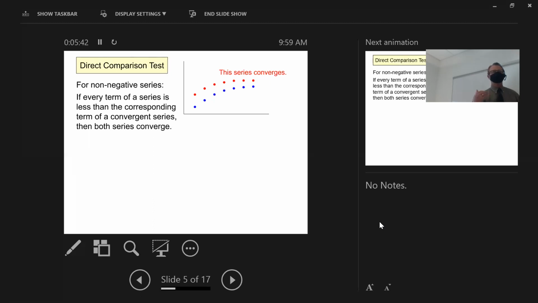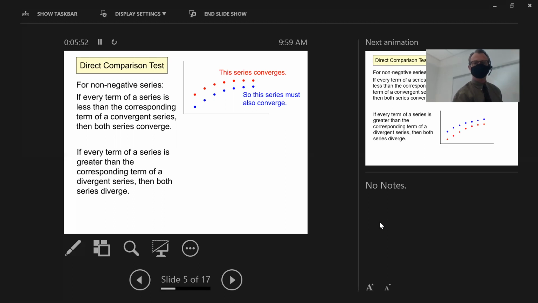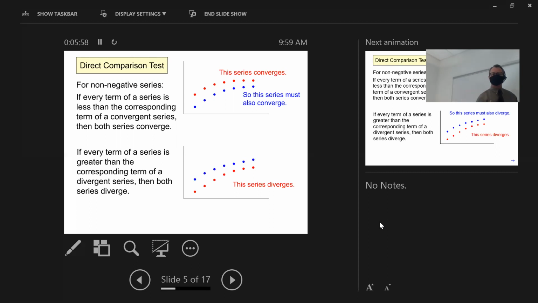So if you compare it to something you already know converges and you're less than that, then it has to converge. If the red series diverged and the blue one's above it, then the blue one must diverge. This is all common sense, but it's very helpful with that picture.